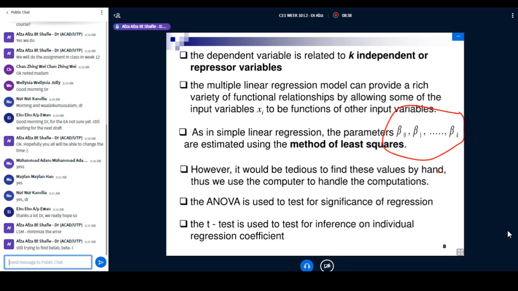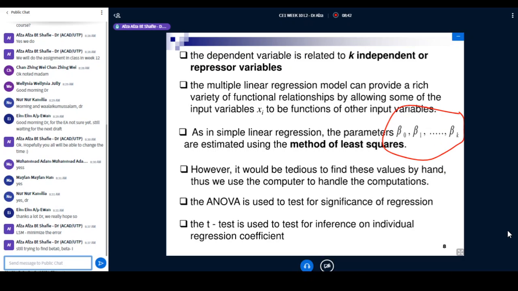So this is what we do: run on the statistical software, Excel or whatever, then get the output and interpret.